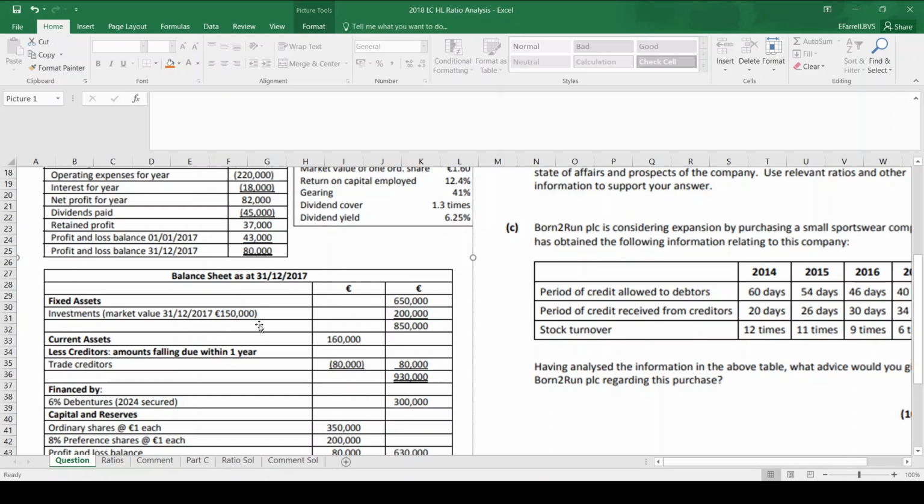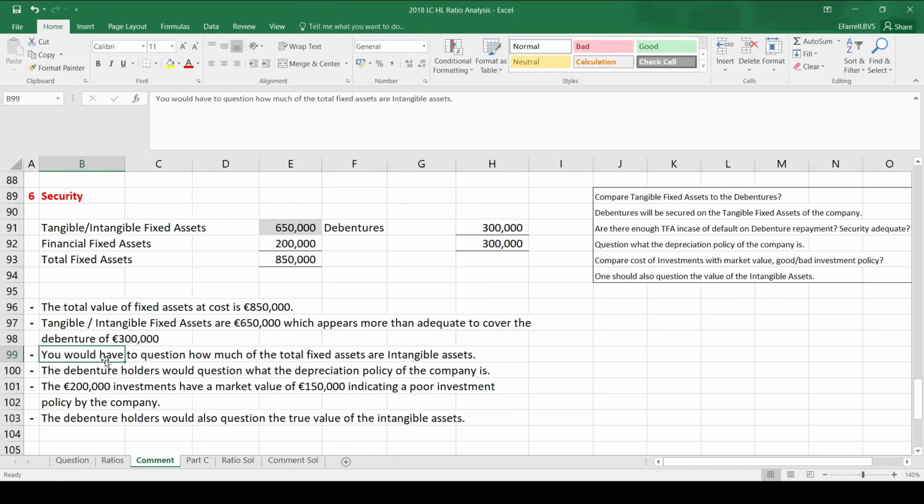The investments cost 200,000. The market value is 150, so they've gone down by 50 grand. They paid 200,000 for them and they're only worth 150 at the moment, so we need to comment on that. The 200,000 investments have a market value of 150, indicating a poor investment policy by the company. The debenture holders would also question the true value of intangible assets, as I was saying earlier.